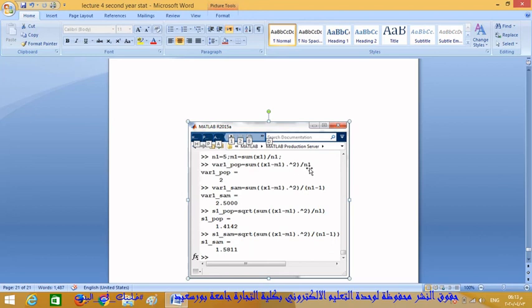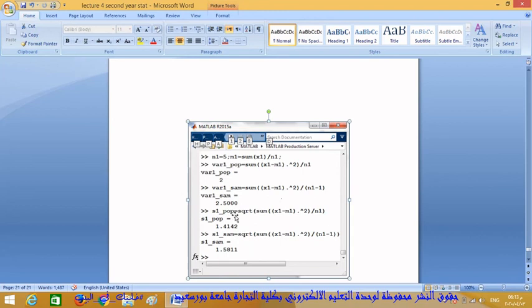Okay, so instead of calculating by hand or by calculator, you can use the MATLAB program as a calculator, not using the function. Okay, so variance for sample equals sum of x1 minus m1 squared divided by n1 minus 1, and so on.